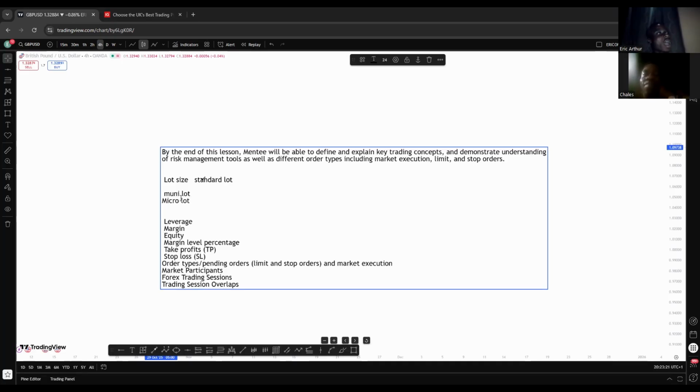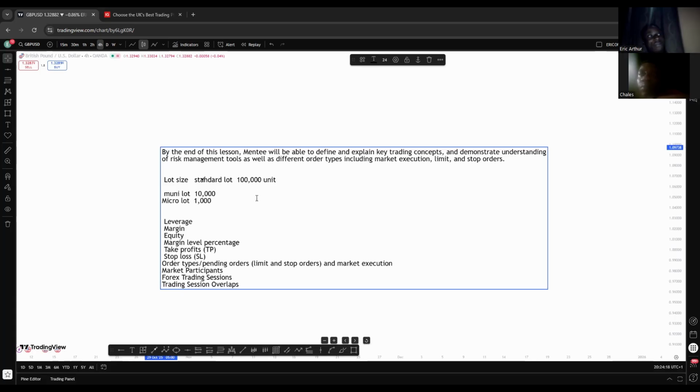Okay, so basically this is what most of the time we use. You get it? This is the standard, and this one is equivalent to 100,000 units. You get it? Okay. So this is how it actually works.